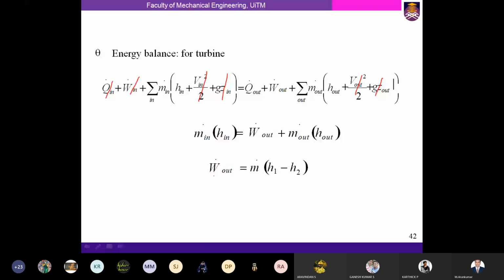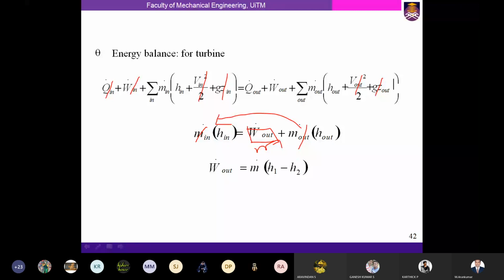So we can avoid this mass flow rate by keeping this side and bringing this side to have this equation. So W dot out will be equal to M dot in into H in minus M dot out into H out.